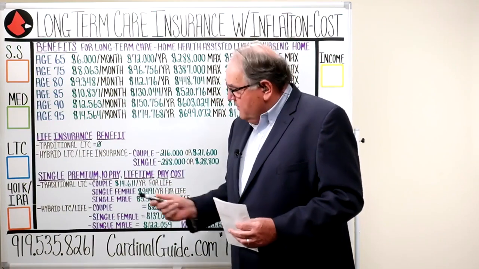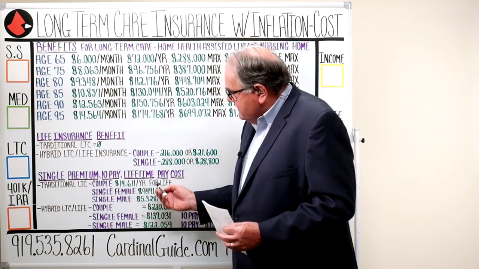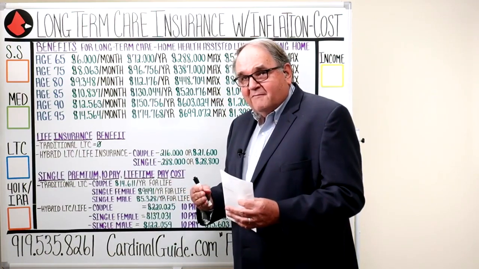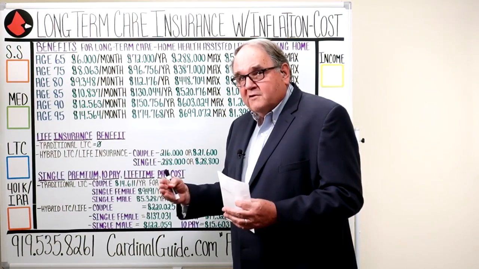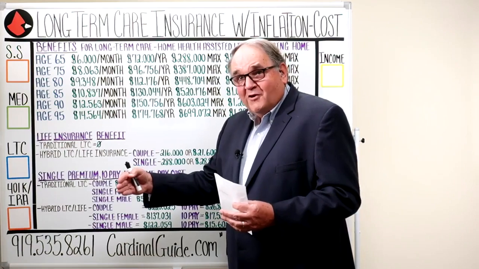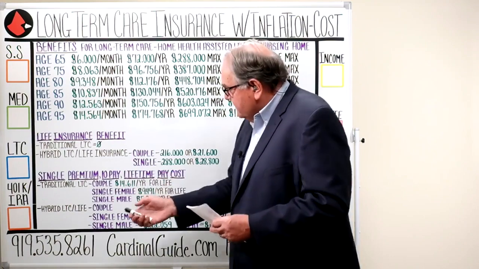Okay. Now, the $14,611 a year is the couple's price, and it includes the shared care benefit, meaning that if one person goes over their 4 years of care, they can dip into the other spouse's 4 years, so they can use the 8 years combined jointly and together.